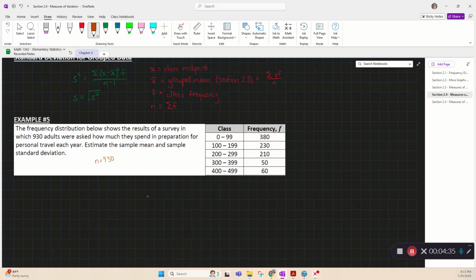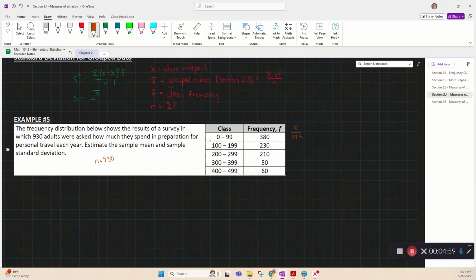Okay, well, we need to get the mean, so we need to get X times F. Well, before we do that, we need to get X. We need to get the midpoint. So for 0 to 99, our midpoint would be 49.5. Remember, this is exactly in the middle.